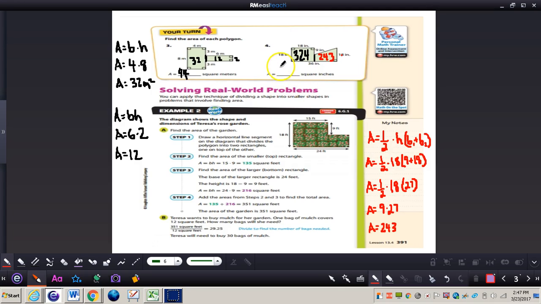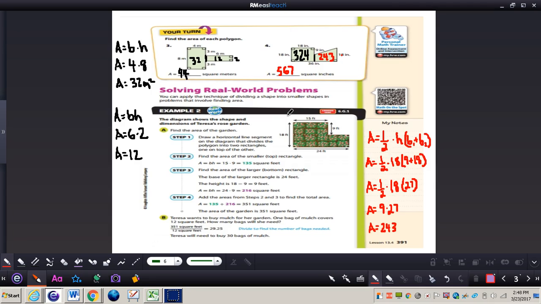That gives us 567 square inches. So it's important to make sure that when you divide up your polygon that you not only understand how to go about doing this, but also you remember the different formulas for the different types of shapes that you're looking at. So now let's take a look at solving real-world problems on page 391.